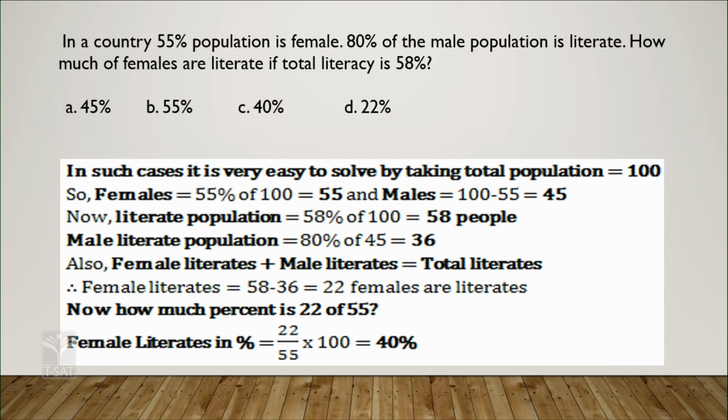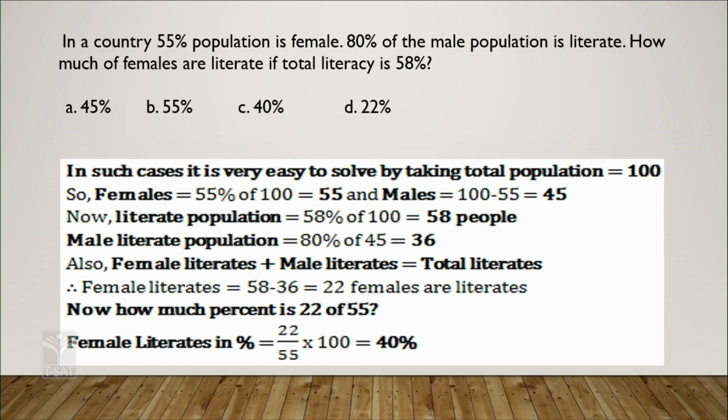Next, 80% of the male population is literate. So, you have to calculate 80% of 45, that is 36, means 36% of people are literate. How much female are literate? Total literacy is 58%. Out of 58%, as you know, 36% is male literacy.